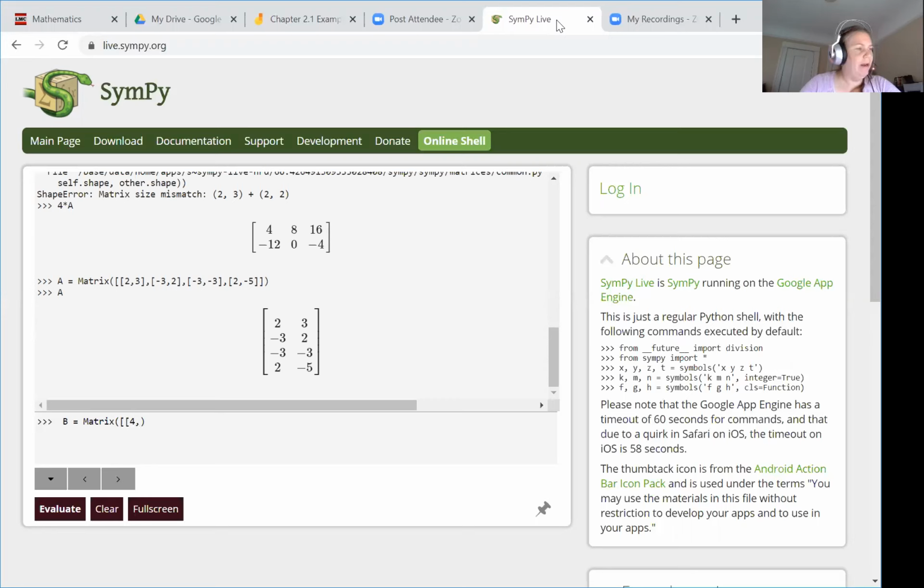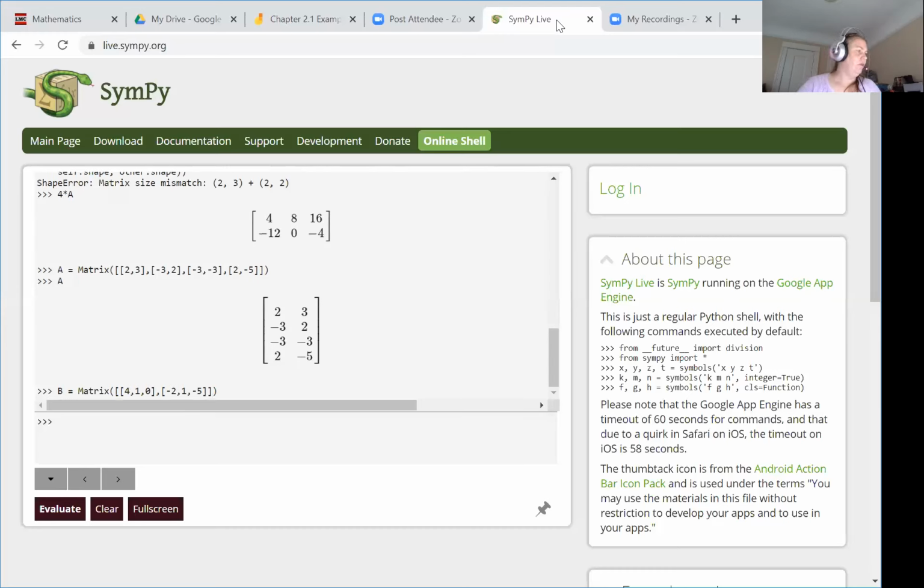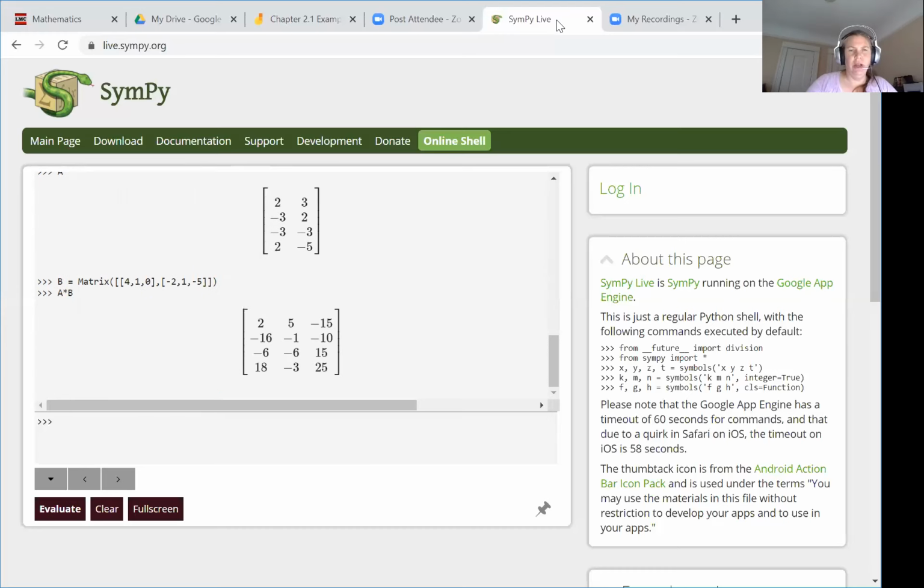And then in the brackets, we enter the values for the rows. All right, and then we go ahead and hit enter here. So if I want to multiply here, I am going to multiply A times B. So I'll do A star B, and I should get a resulting matrix that matches by hand.